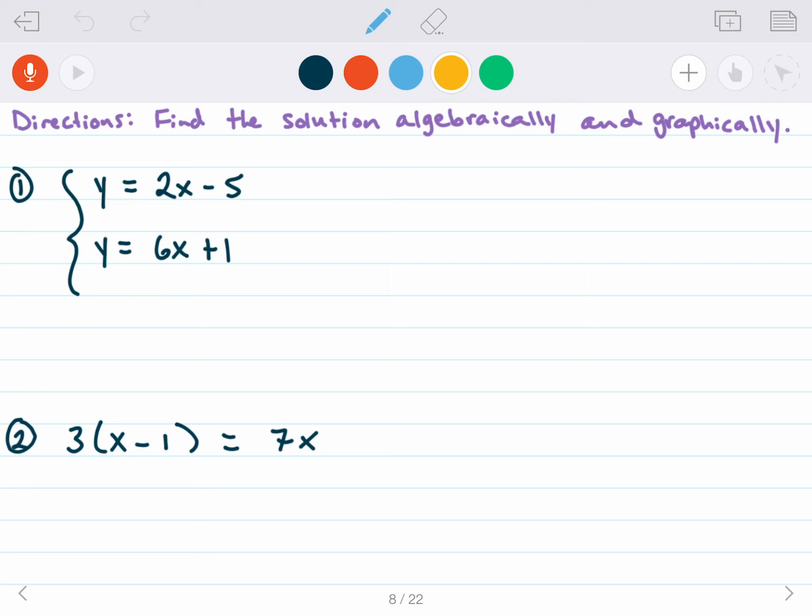For number 1, we're given 2 lines. The first line is y equals 2x minus 5, and the second line is y equals 6x plus 1. We want to find the solution algebraically and graphically. So graphically is the easiest thing to do because you can literally just put this in Desmos. So graphically, we have 2x minus 5 and 6x plus 1.